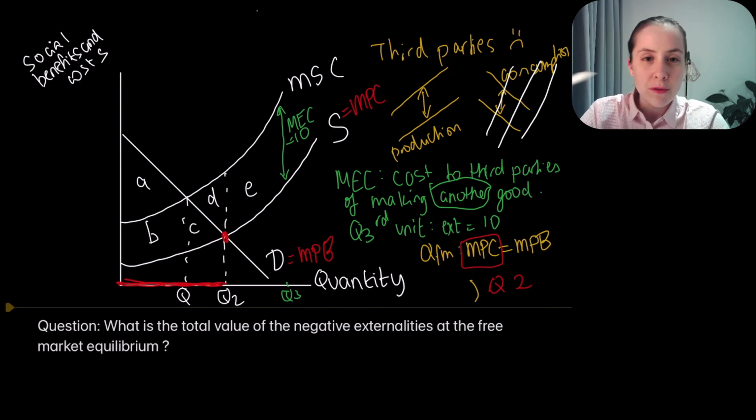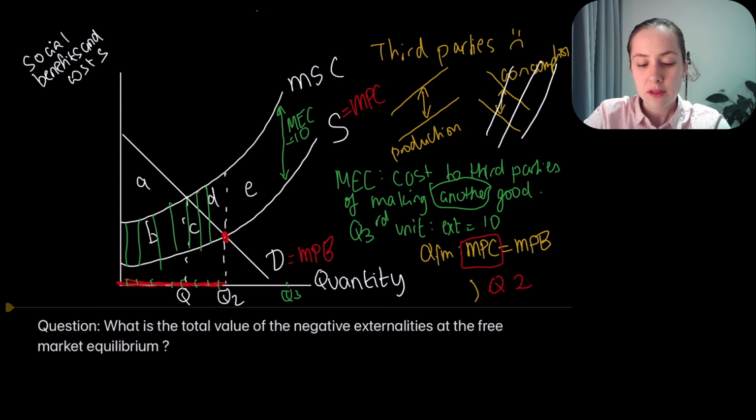The good news is we already know what the externality is for each of these units. This particular quantity had an externality of that much. The next quantity had an externality of this much. The next one had an externality of this much, and so on. All of these units would have had, up until Q2, all of these externalities.